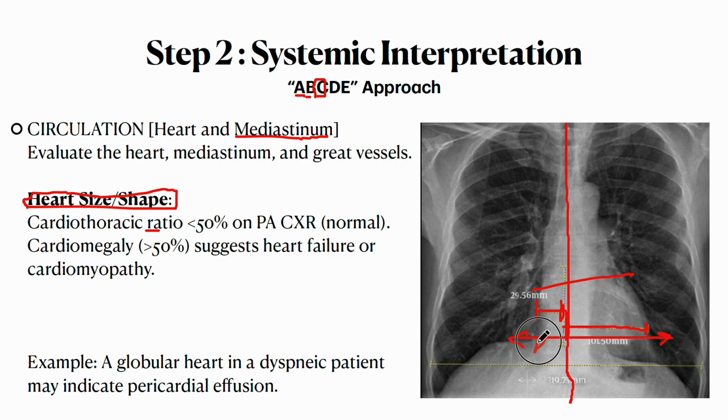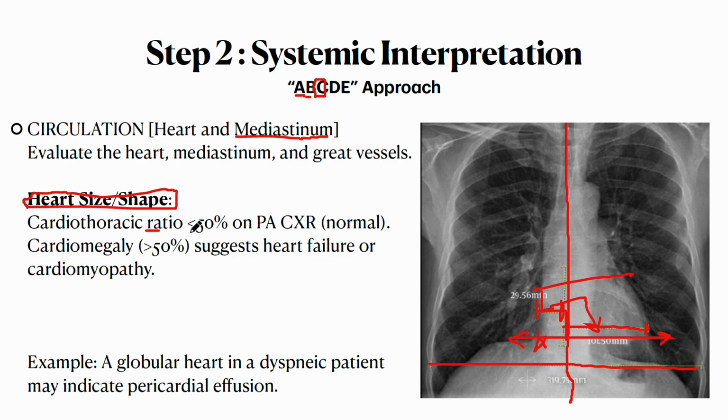Why? Because it may not be the maximum dilatation. The maximum size on both sides cannot coincide in the same region, right? So we have to measure on two different sides, where there is maximum dilatation, and we have to add them up and divide by the entire thoracic diameter.